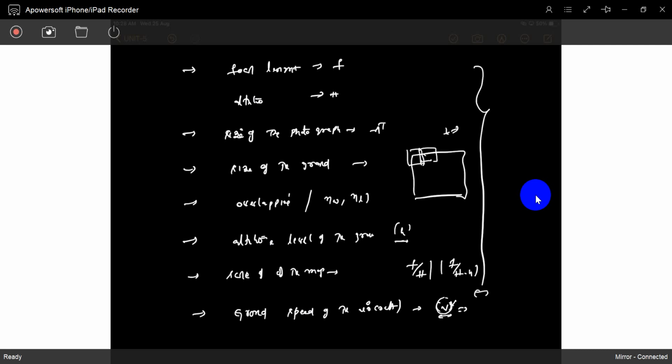In 30 seconds the flight will cover this distance, and in the next 30 seconds this distance, based on the velocity. If you know how many photographs are required, you can click based on the time interval.